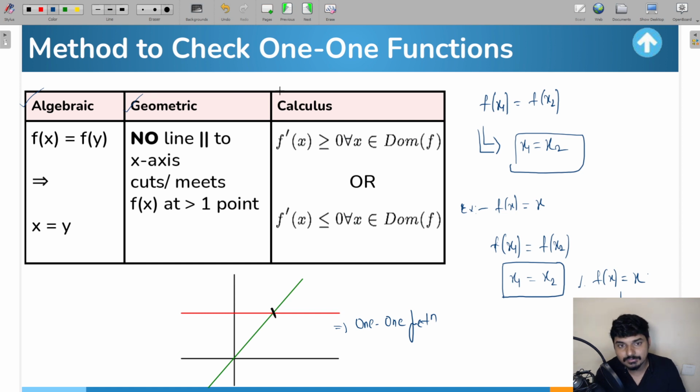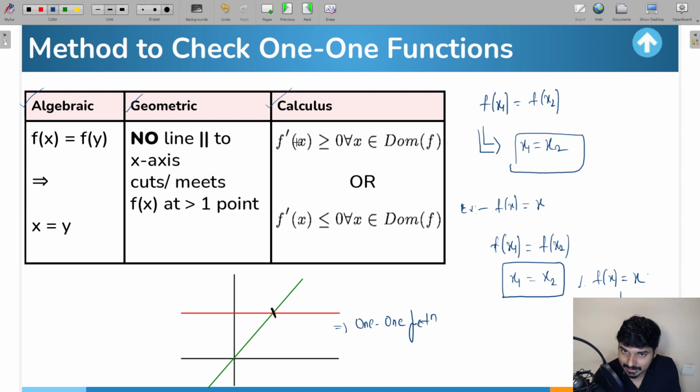And finally, we have the calculus method. In the calculus method, all you have to do is find f dash of x and see whether f dash of x is greater than or equal to 0, or f dash of x is less than or equal to 0 for all the values of x in the domain of the function.